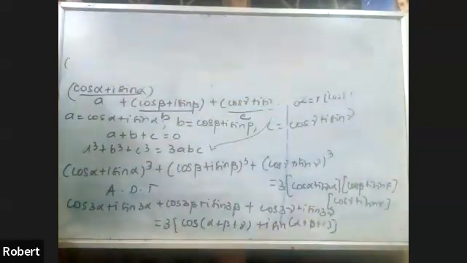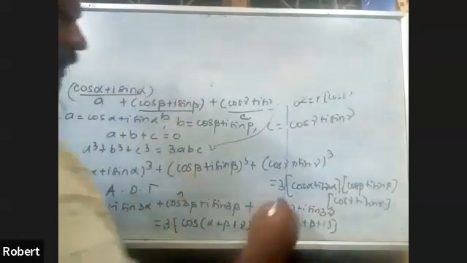The next step, what I am doing here is I am separating the real and imaginary parts இருக்கு இல்லையா? இதுல real தனியா imaginary தனியா போட போறேன். எதுதான் real? Cos 3 alpha, cos 3 beta, cos 3 gamma.